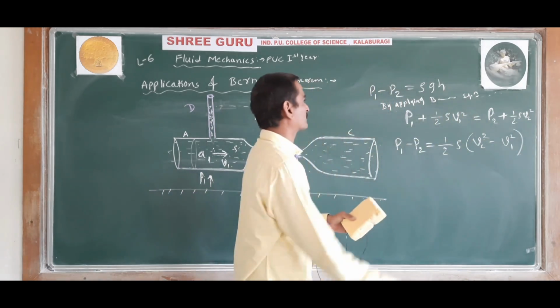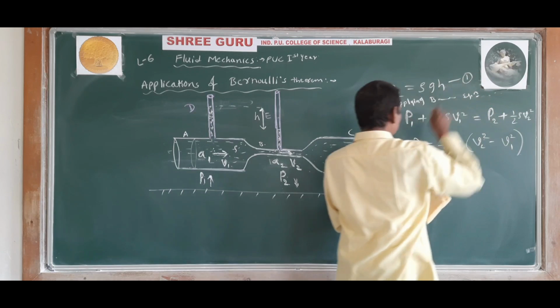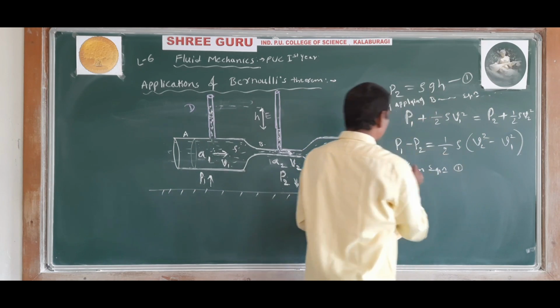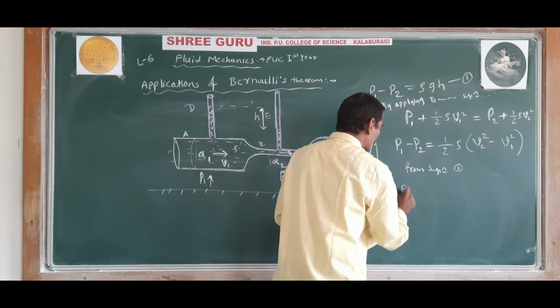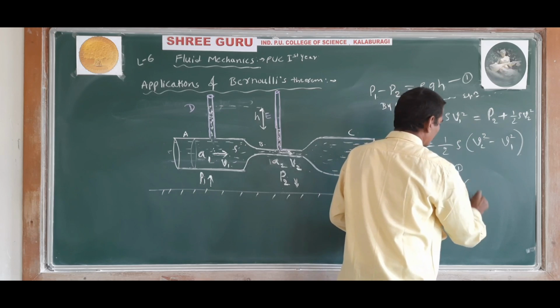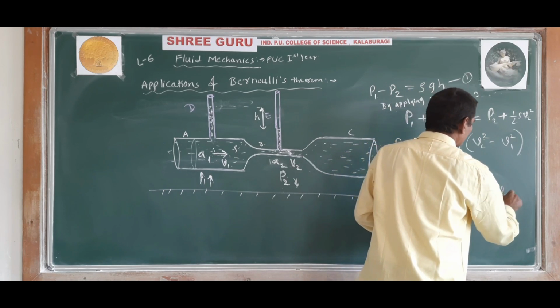Call this equation number 1. So from equation 1 you can write P1 minus P2 as rho GH is equal to 1 by 2 rho, V2 square minus V1 square.